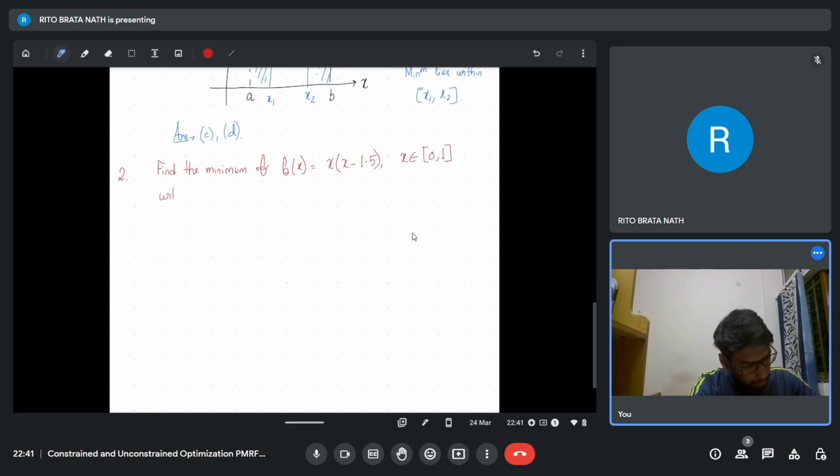within 10% of the exact value using the interval halving method.